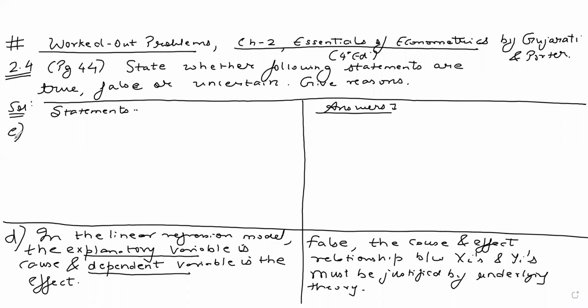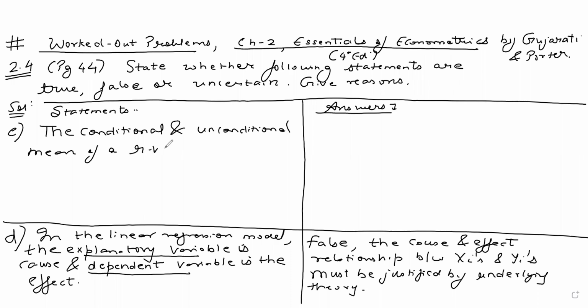So statement E says that the conditional and the unconditional mean of a random variable are the same thing. You can see that this is also a false statement.